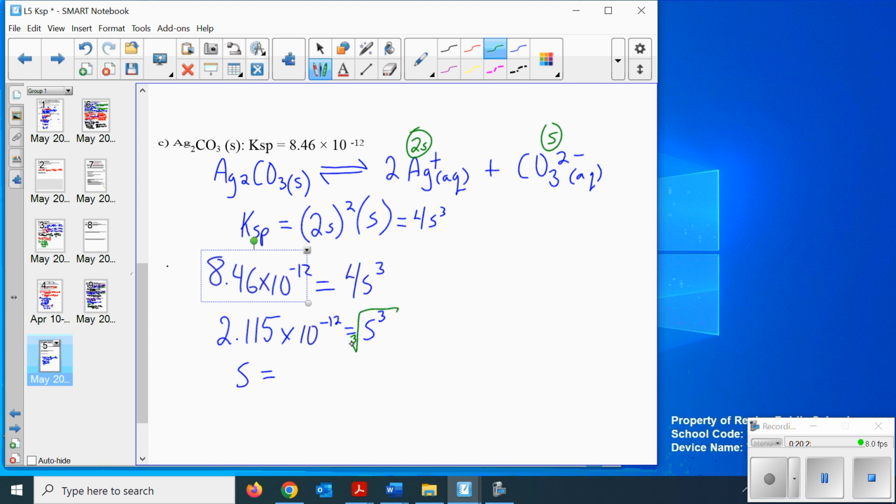I'm going to put a little 3 in the radical sign, you know what I'm talking about. That's the only way to undo a cube. If it was a power of 4, you do a fourth root. If it was just squared, you do a square root. Everybody has a square root button. Different calculators: some have a cube root button, some have a y-th root of x button. You might have to use this button, and then you have to say it's 3 in the niche.